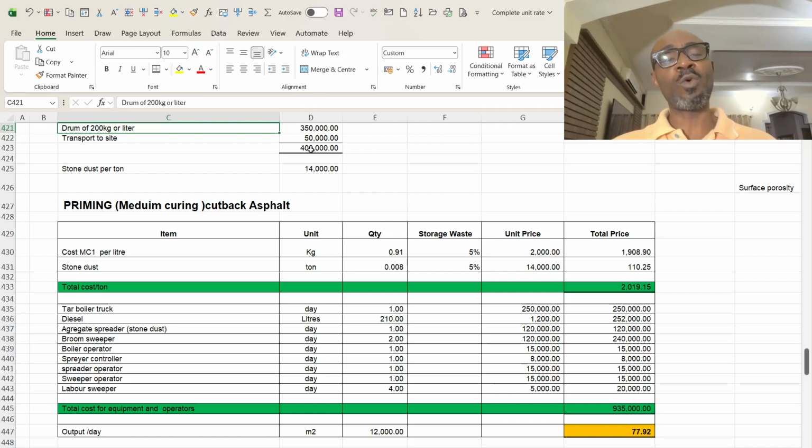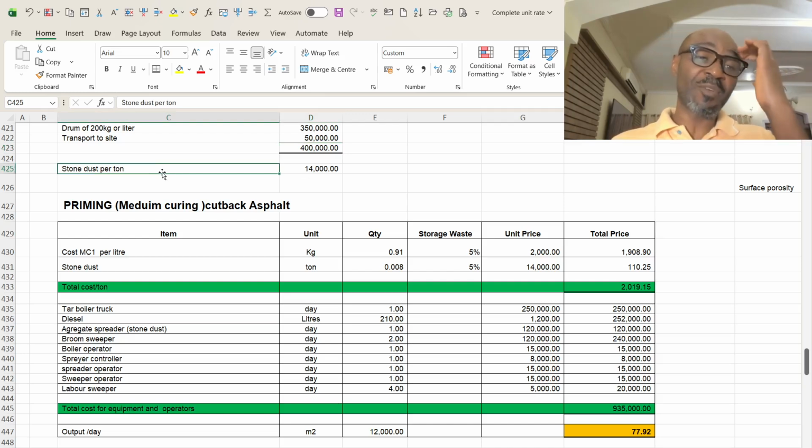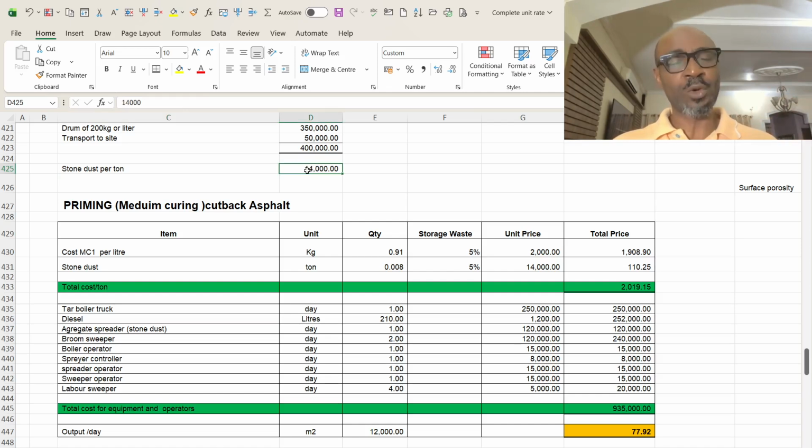So the cost for one drum of 200 kg comes to 400,000. Then the next material component is the stone dust that will be spread over the primer after it has been sprayed on the surface of the road. The cost is 14,000 per ton.